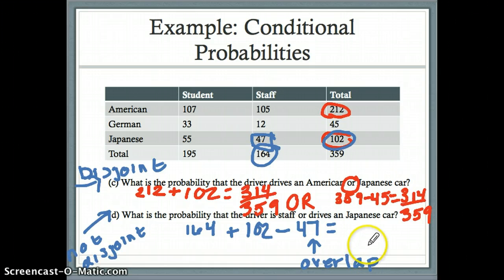And so that would give me 219 over the 359.